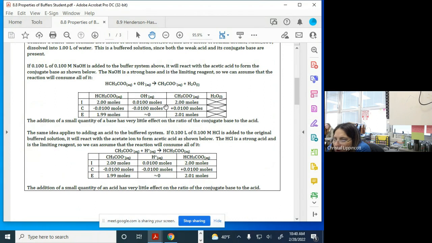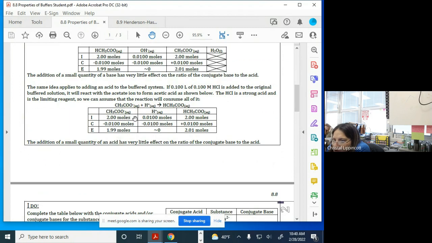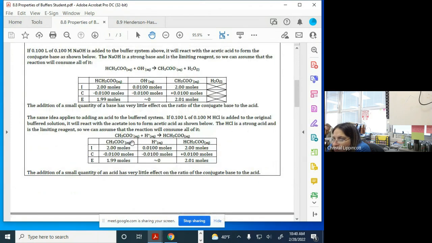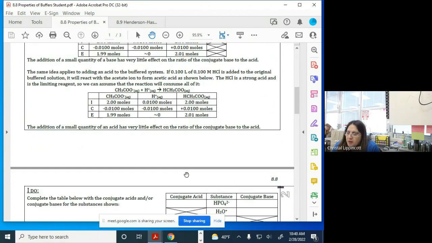So the small quantity of a base has very little effect on the overall pH of that system. The same idea would apply if we added an acid. The problem is that when you use up all of this acetate ion, then you've overwhelmed the buffer. The buffer has no more acetate to supply, and that's when you got that rapid increase in pH in your lab. Okay.